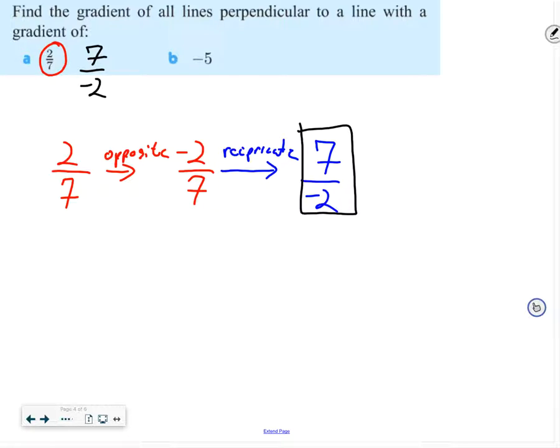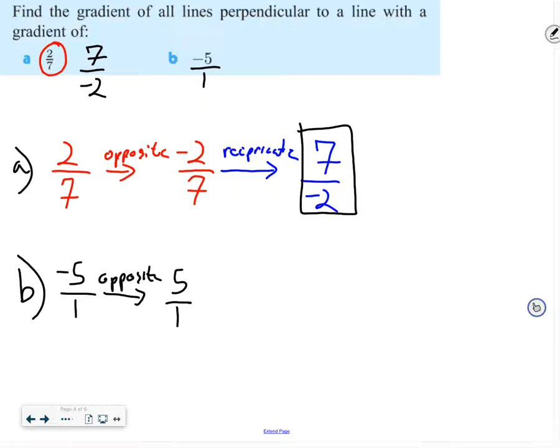For B, I'm going to remind myself that negative 5 is the same thing as negative 5 over 1. That will help when I'm trying to reciprocate it. So as I make this the opposite, I'm going to get a positive 5 over 1.